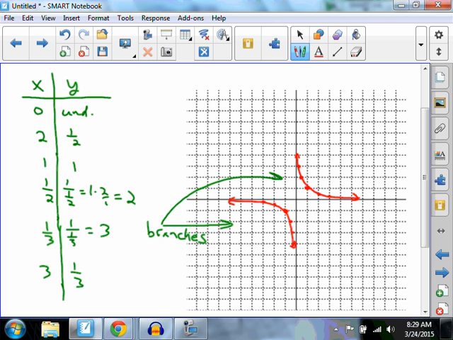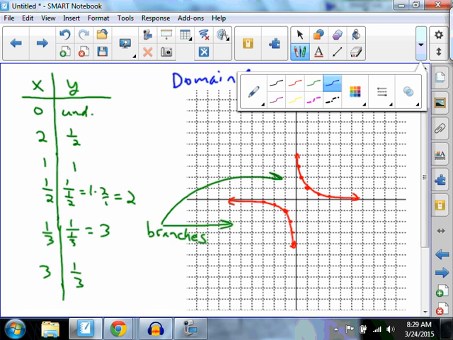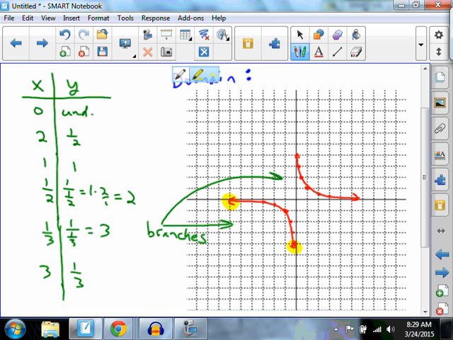So what I'd like to talk about now is the domain of the graph. That's all the x values that can occur. I'll bet you remember this. You notice this arrow right here, and this arrow here, and this arrow here? It means it goes on forever and ever. So it looks as though x can be just about anything it wants to be.